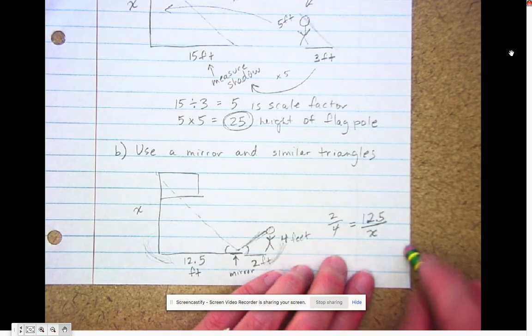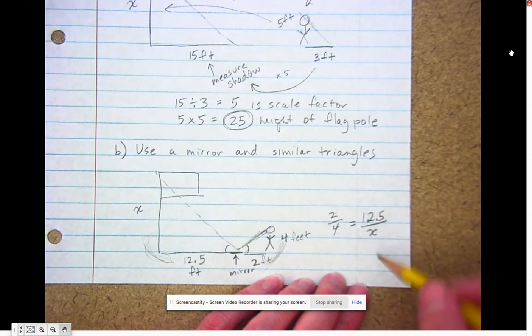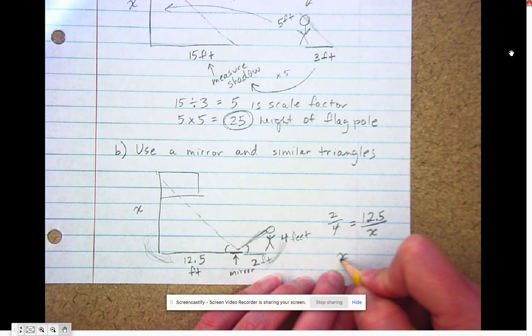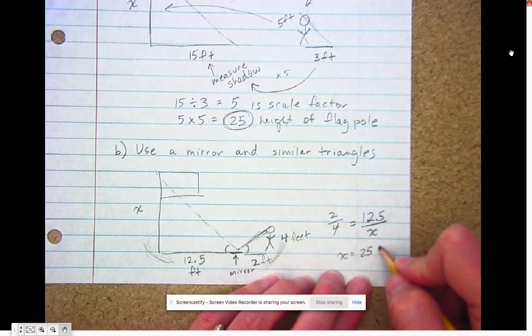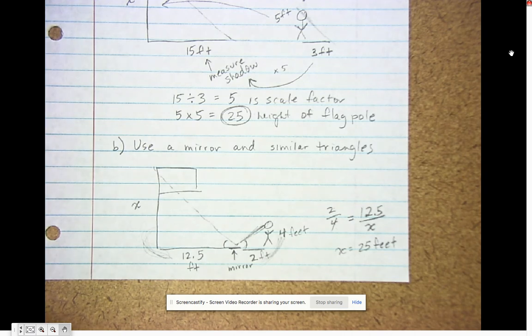So 2 to 4, what would that have to be? I'm noticing the denominator's double, so it looks like our height would have to be 25 feet. And that is how we could use a mirror and similar triangles to find the height of something that we can't measure directly.